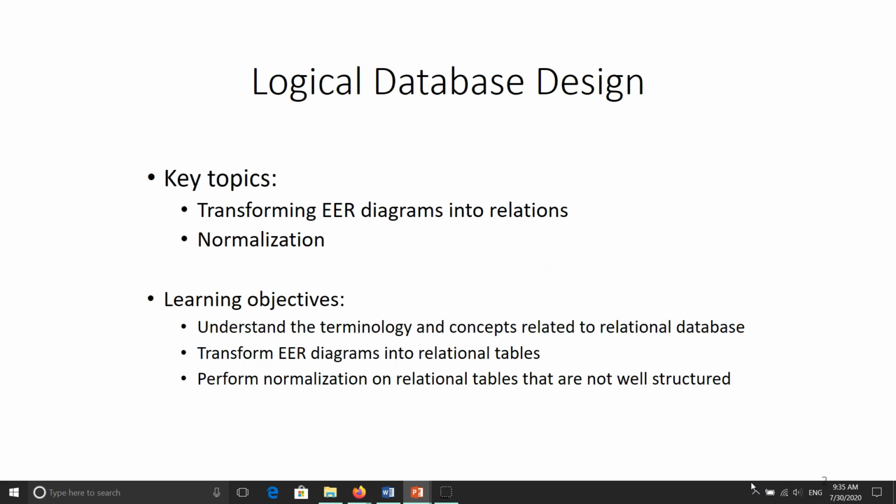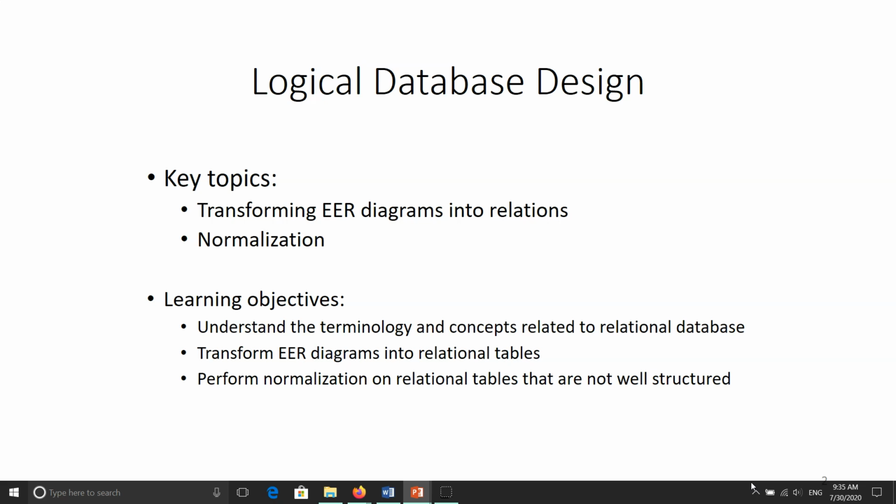So there are two key topics in this chapter. The first key topic of the chapter is transforming enhanced ER diagrams into relations. At this point, you should realize the importance of drawing a good ER diagram during the analysis phase.